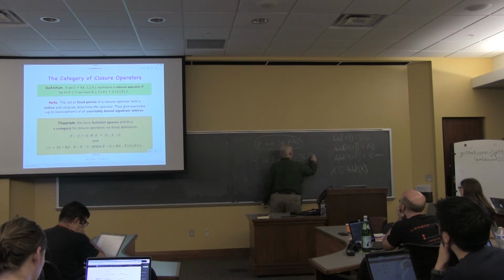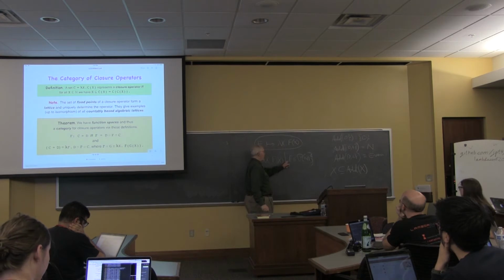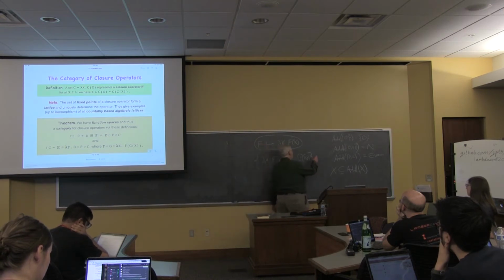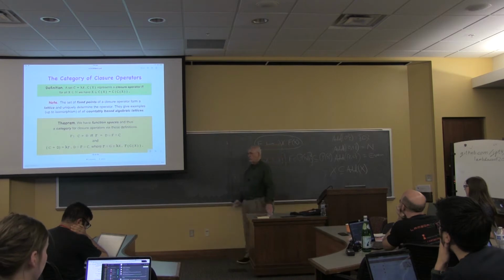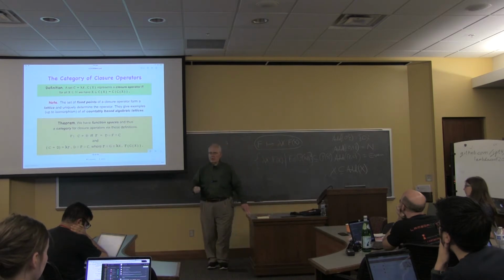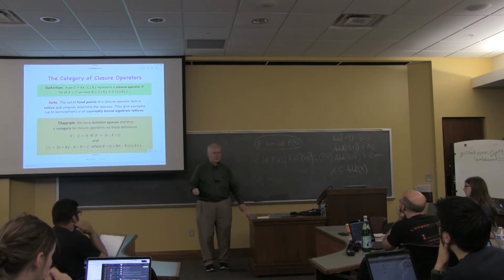Okay. In the power set of n, if I take all the things that can be closed off in this particular way from arbitrary sets in n, then this is a subspace of the power set of n. But the way the topologies work out, you don't have to do any work, you don't have to go through a lot of definitions there.